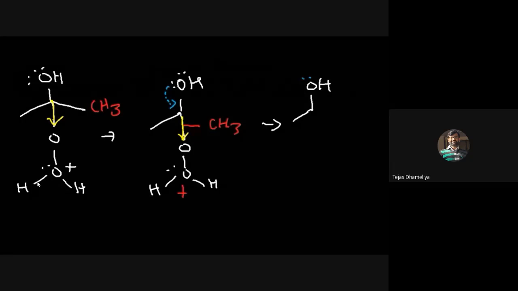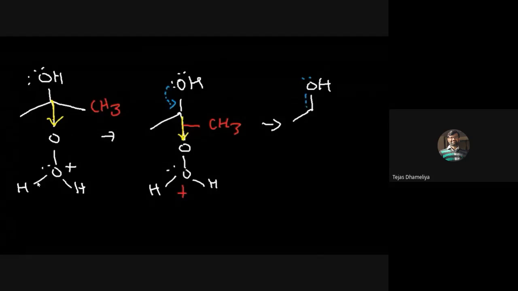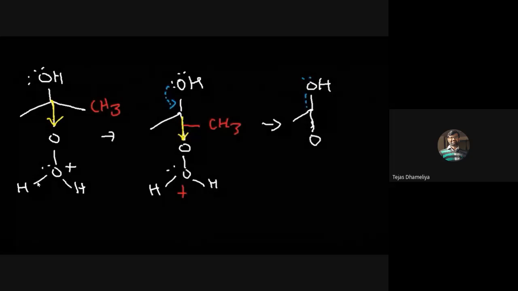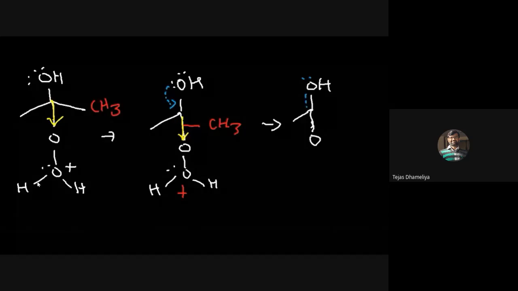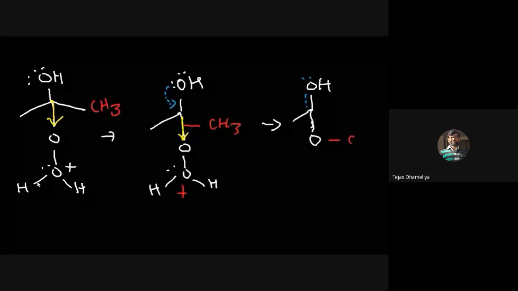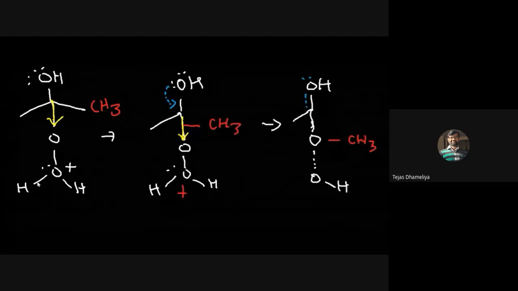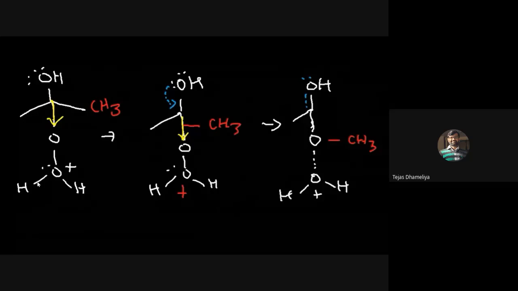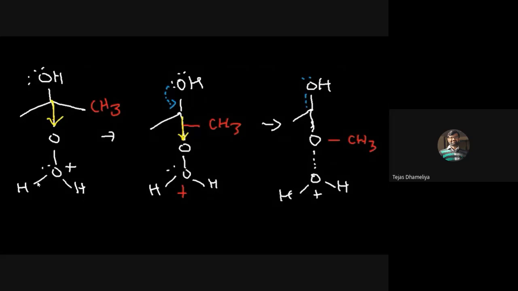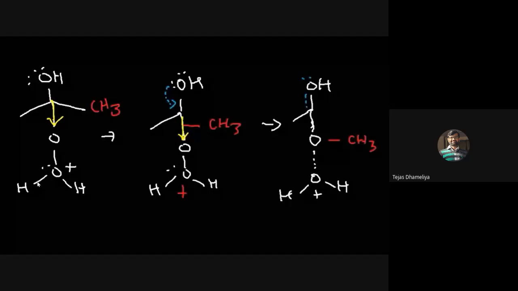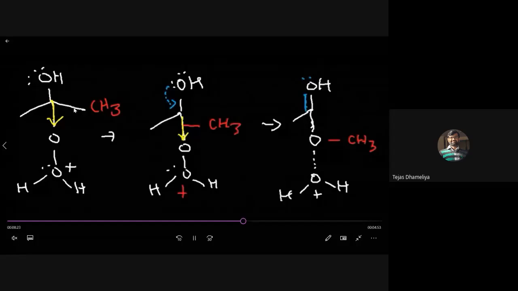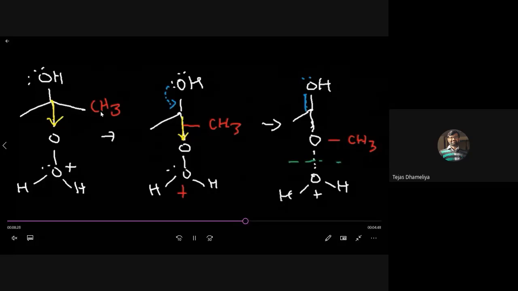So on this slide, they are trying to give you the account of how the migratory insertion is possible from carbon to oxygen. Here, the movement of electrons is more important. You can see that previously the methyl group, which is the red colored one, was attached to this carbon.